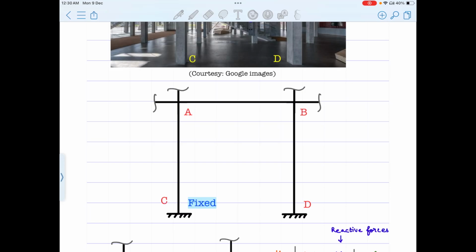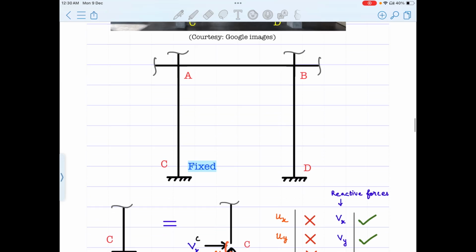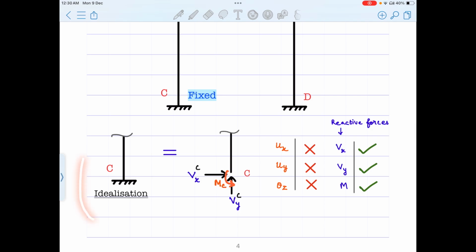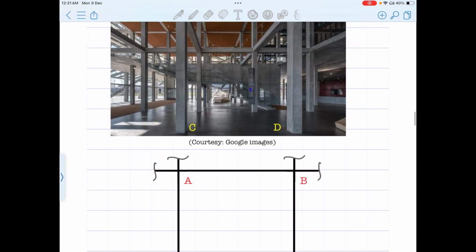Here we see that the idealization looks like this, wherein the displacements ux and uy are not permitted and also the rotation is not possible. Which means the reactive components Vx, Vy, and M all do develop. In the free body diagram, we have to show Vx, Vy, and MC. So both these ends, C as well as D, are considered to be fixed in this case.